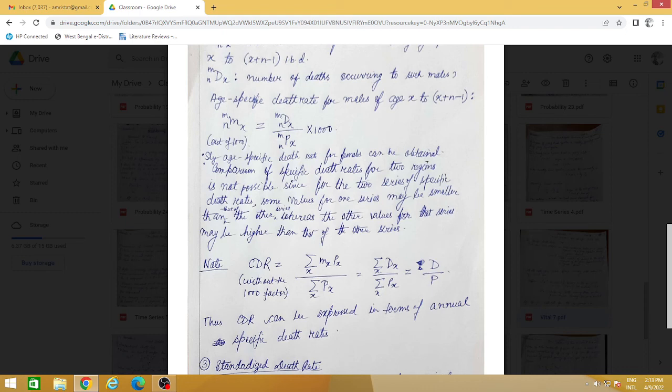So this is a kind of vagueness you are importing to the layman. What is the meaning of 0.002 dying? They don't understand. So if you multiply by 1000, what becomes of 0.002? It becomes 2. If I multiply 0.002 with 1000, how much do you get? 2.